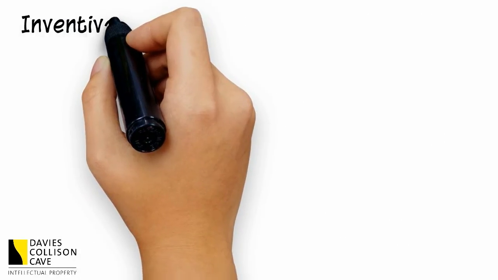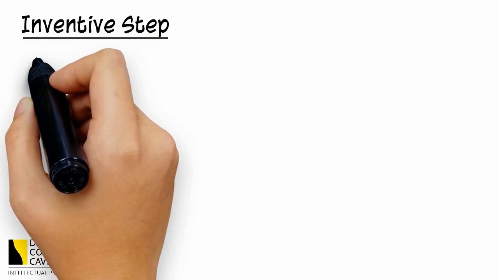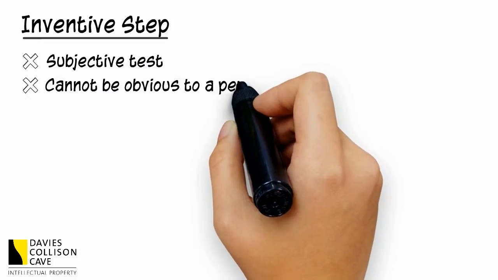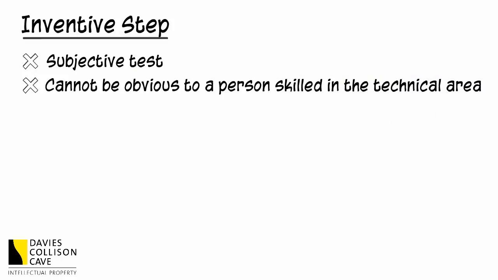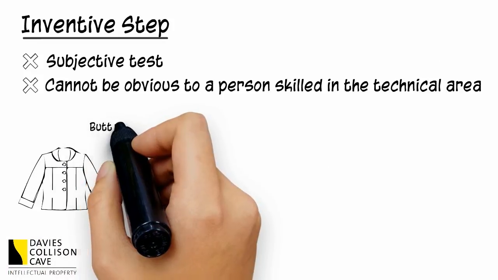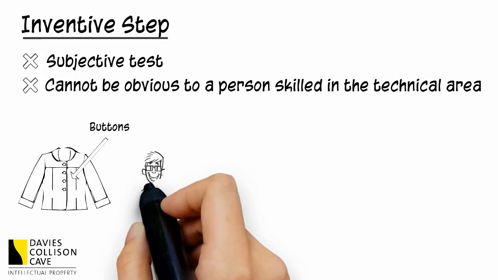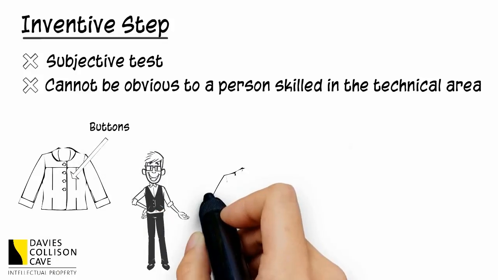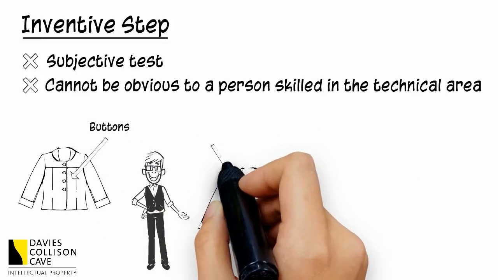In contrast to Novelty, Inventive step is a more subjective test. To have Inventive step, your invention cannot be considered obvious to a person skilled in the technical field of your invention. Now, what does that mean? Take the hypothetical example of a coat having buttons to fasten the coat. You may then come along with a new coat having zippers to fasten the coat.